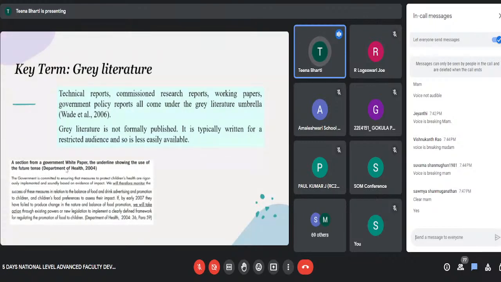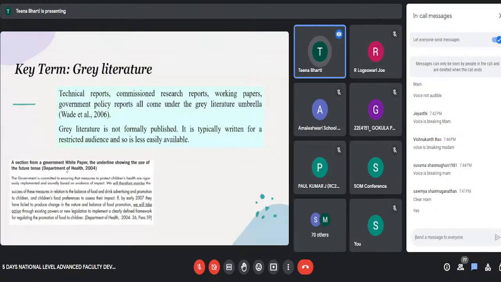So with the help of any technical report published by any recognized body, any research report, any working paper or any policy report, these documents can also act as a support to your research gap, to the research line which you are trying to contribute to.